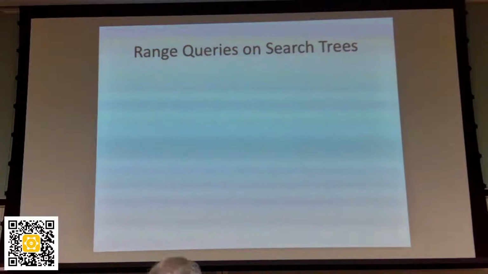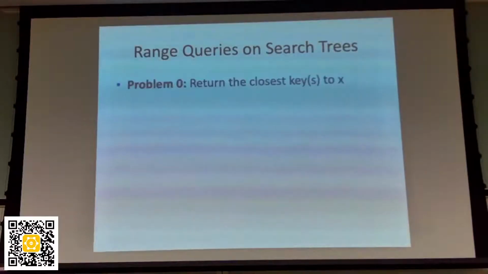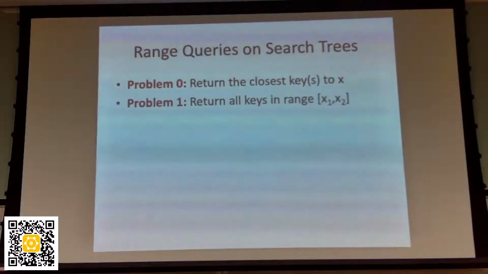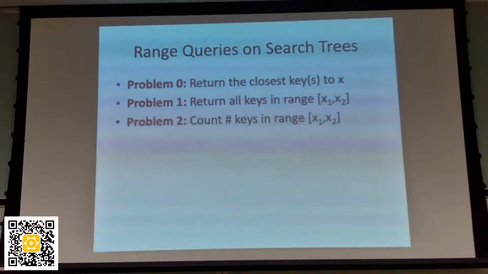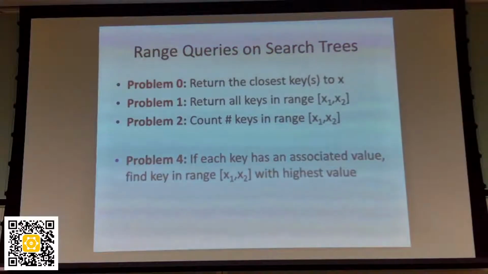So these are all the range search questions I just mentioned. If I gave you a number X, tell me what's the closest you have in the set. Return all the values between x1 and x2, or just count how many are between x1 and x2, or if there is some associated value, find me the best one, right?